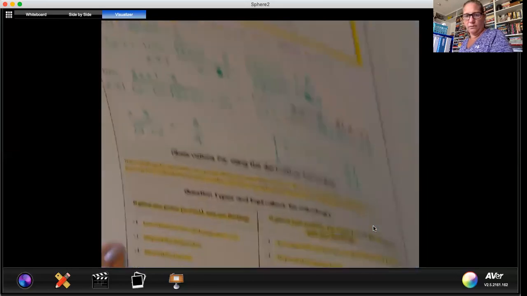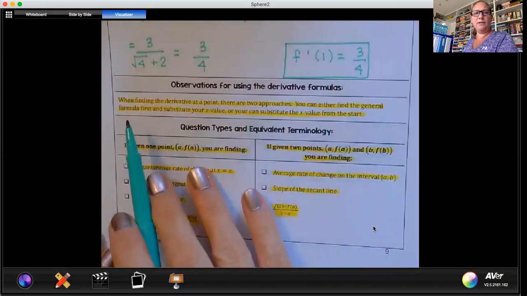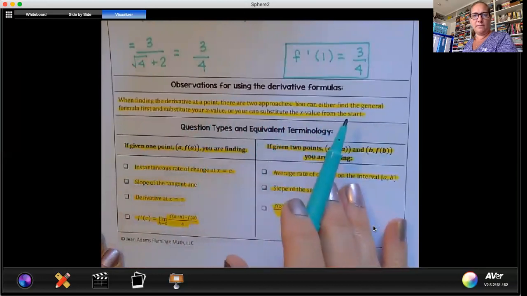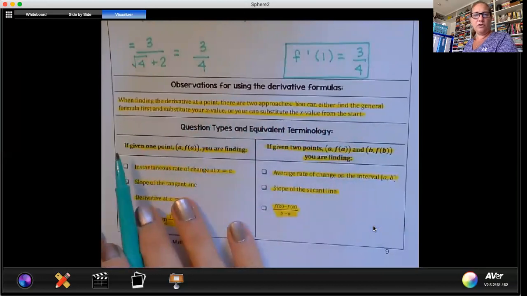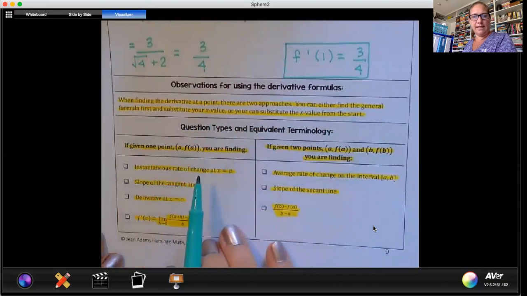When finding the derivative at a point, there are 2 approaches. You can either find the general formula first and substitute your x value, or you can substitute the x value from the start. If you're given 1 point, a, f of a, then you are finding the instantaneous rate of change at x equals a, the slope of the tangent line, the derivative at x equals c, or f prime of c equals the limit as h approaches 0 of f of a plus h minus f of a over h.